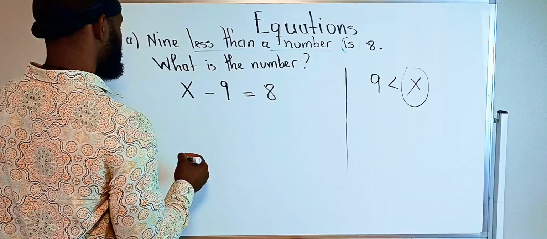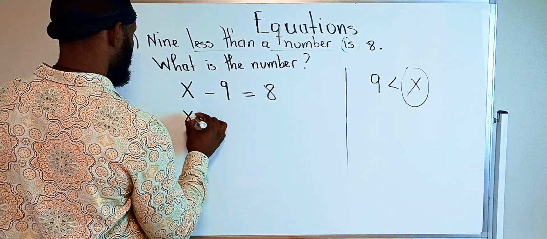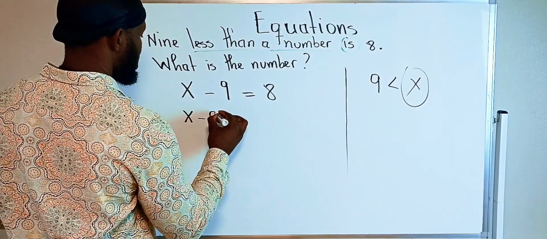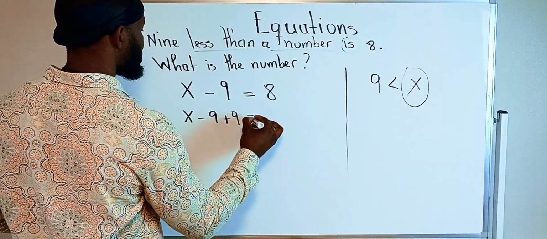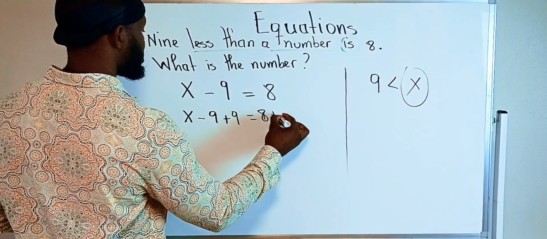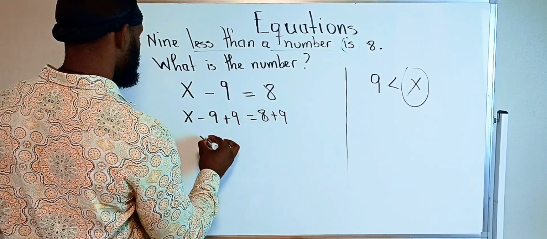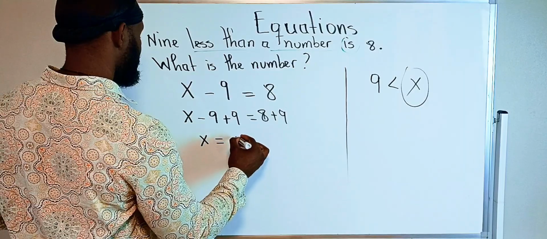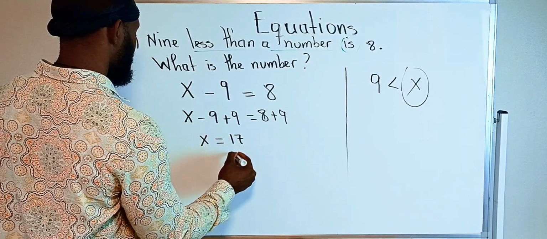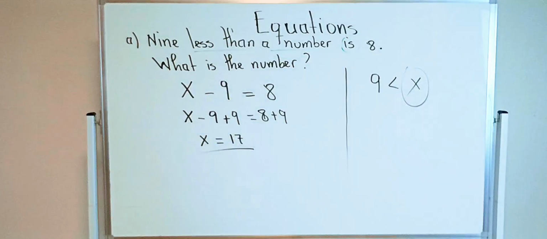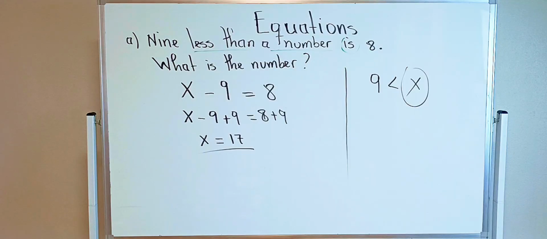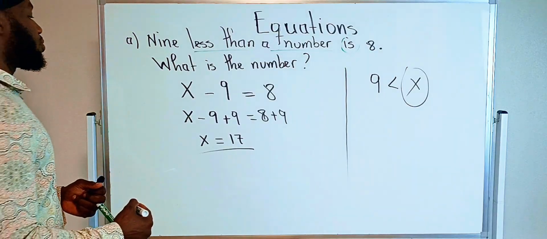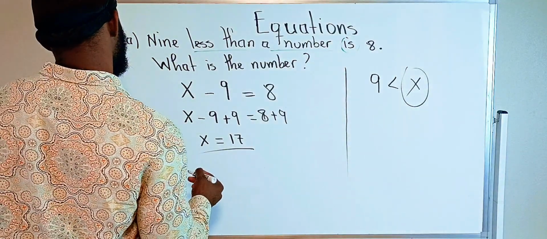So right now we want to solve it. To solve it, we gotta add 9 to both sides, in order to isolate the variable so we can have the answer. So x equals 17 is the answer. Right now, the last step, we state the answer and we gotta check.